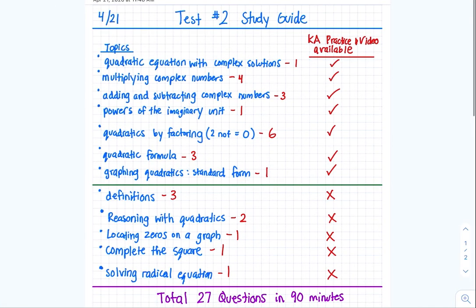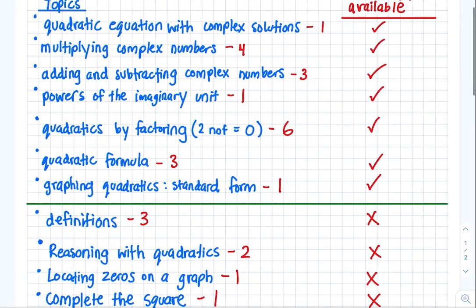An example would be something like x squared plus 5x minus 16 is equal to 2x minus 12. This is going to tell you to solve by factoring.